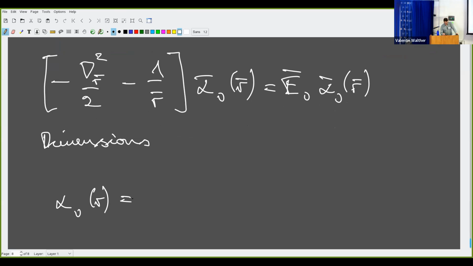So the strategy of getting there is, of course, in 3D, you can separate into a radial part and then into spherical harmonics.